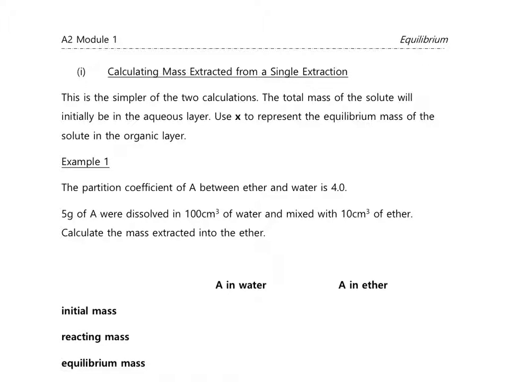Thinking about KC calculations, we would have used X to represent the equilibrium concentration of one of our reactants. We don't know what the equilibrium concentration is, so we need to represent it by an unknown, and we choose X to do that. Because we tend to use mass instead of concentration with KD, X will represent the equilibrium mass of the solute in the organic layer. So let's have a look at this example.